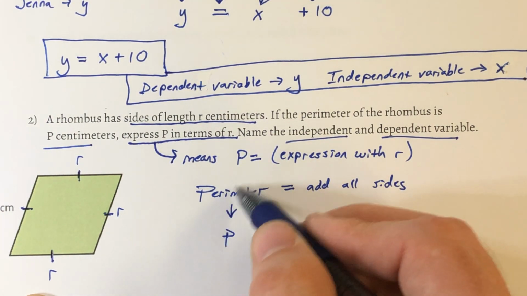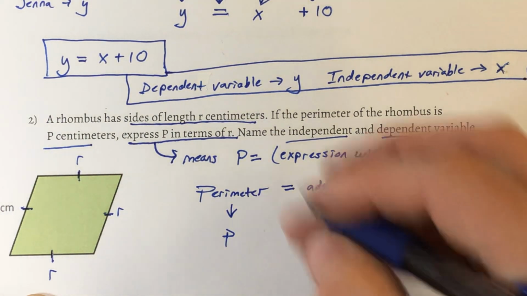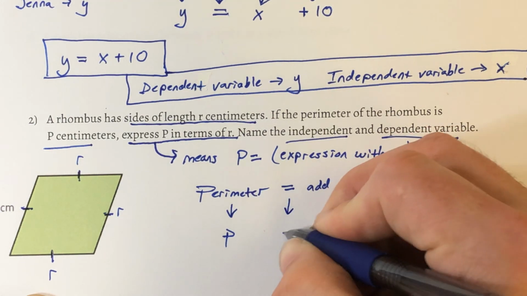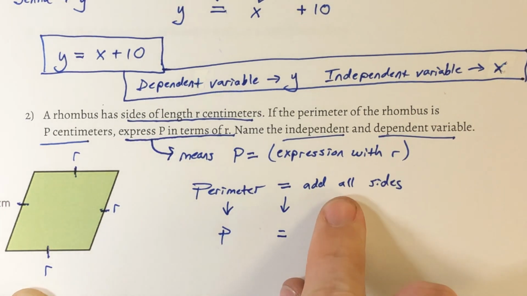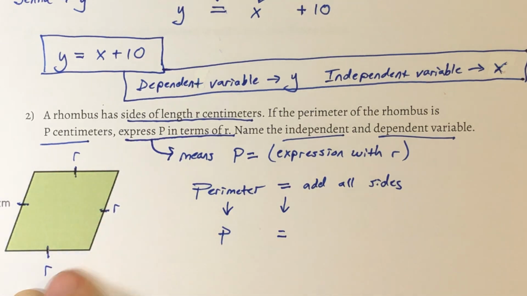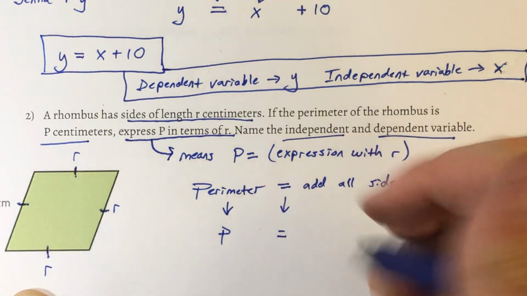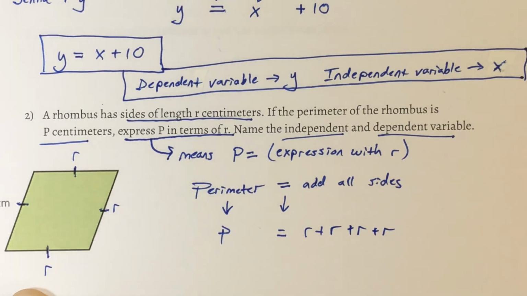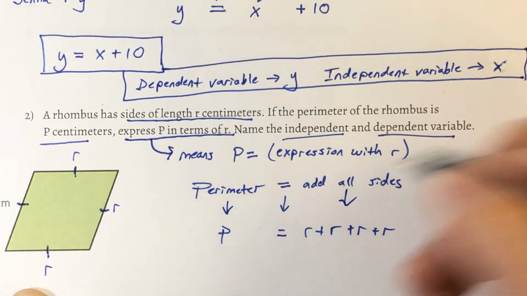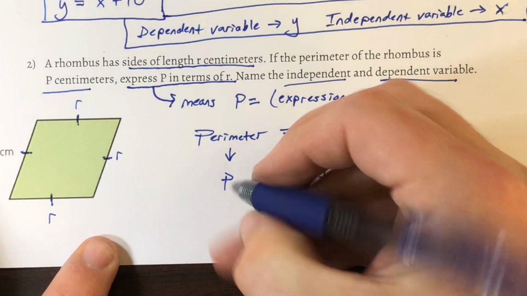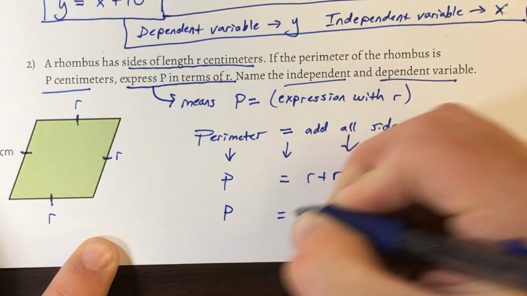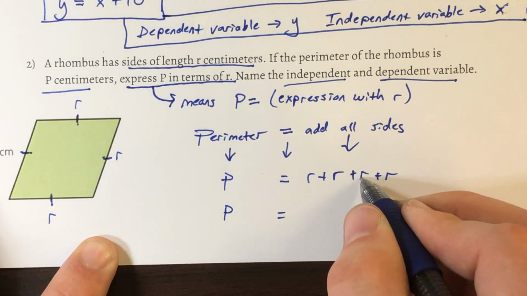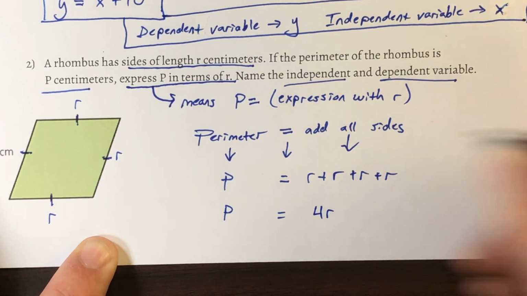I want the perimeter. Perimeter, they said, use capital P. What does it equal? Well, we said add up all the sides. So I have 4 sides, and they're all the same. R, R, R, and R. So R plus R plus R plus R. That's not simplified. So let's simplify it. Capital P equals R plus R plus R plus R is 4R.